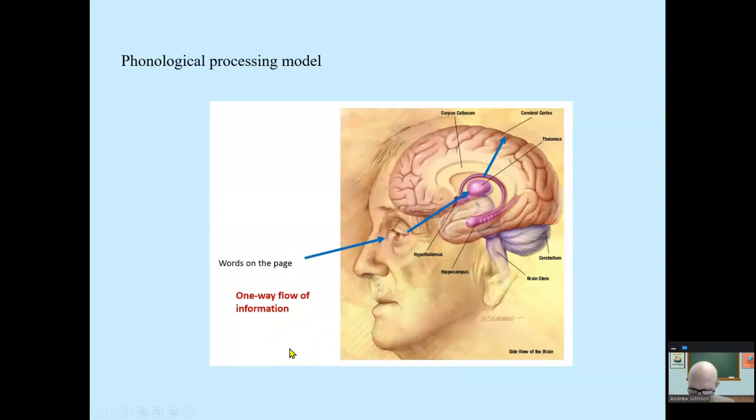So according to the phonological processing model, during the act of reading, information flows one way, from the page to the relay station in the brain called the thalamus, and then up to the cortex. From the bottom, which is the page, up to the top, which is the cortex. Hence the name bottom-up theory of reading.